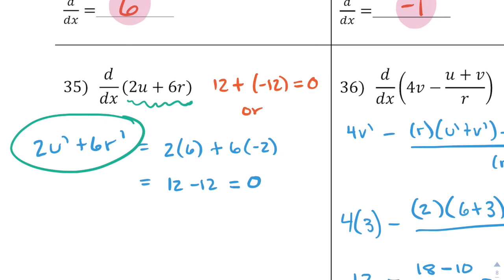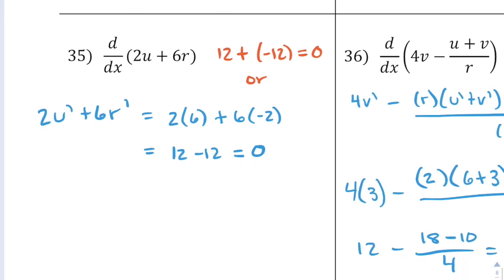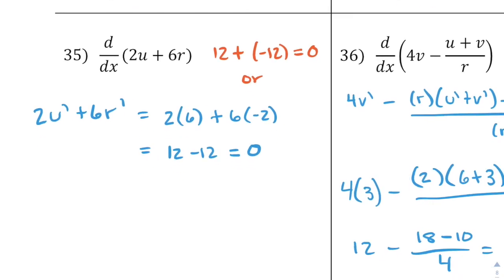That's why the 2 and the 6 still stay around. We don't need to evaluate that, though. We can pull it from above, knowing that the derivative of 2u is 12, and knowing that the derivative of 6r is negative 12, we get a result of 0. So you can do it independently, or you can derive it and calculate it appropriately.